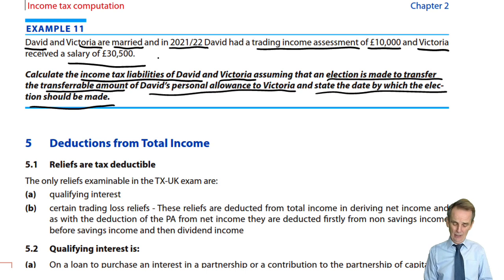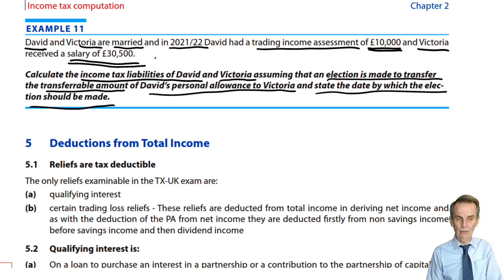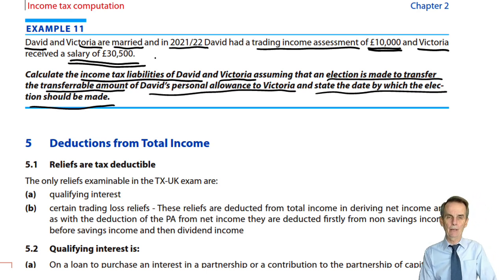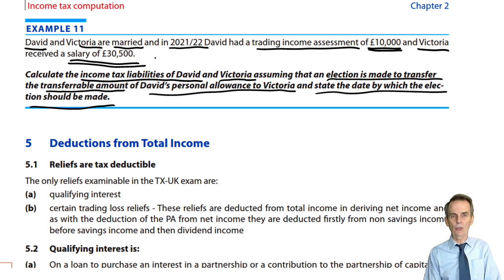So immediately we can see that with only £10,000 for David, there's a significant amount of unused personal allowance. And Victoria, with a salary of £30,500, is but a basic rate taxpayer. Therefore, the election is going to be worthwhile to move over not the unused personal allowance that David has, but this transferable amount, this £1,260.